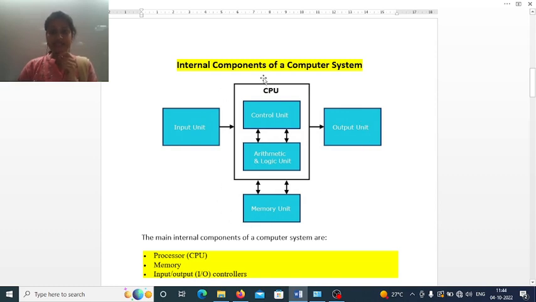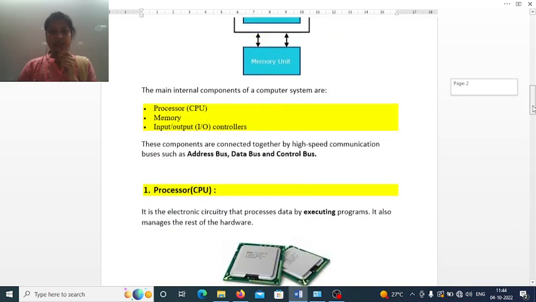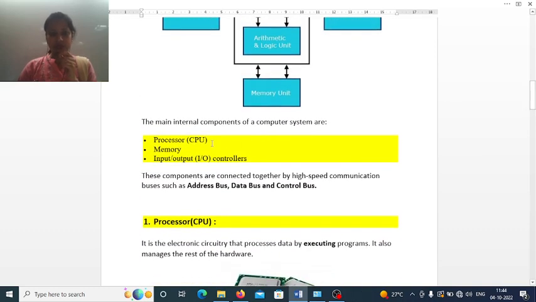And all these components are connected together with the high communication buses such as data bus, address bus, and control bus. So the main internal components of a computer system are processor, which is also referred to as central processing unit or CPU, memory, and input-output controllers.